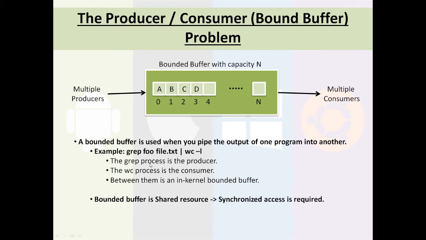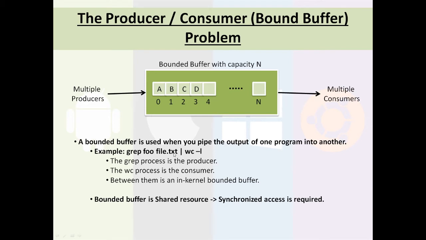Grep is working as the producer in this case, and it is writing lines from this file to what it thinks is the standard output. But the standard output that we've utilized here is wc.